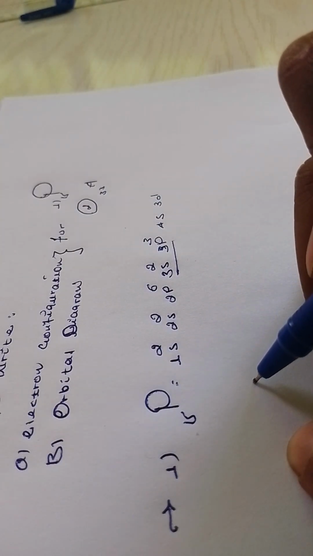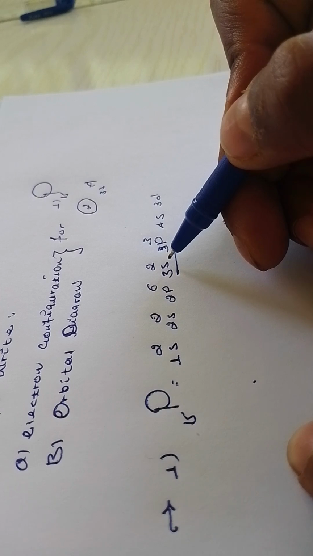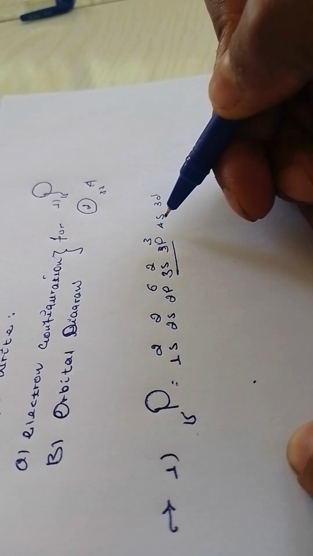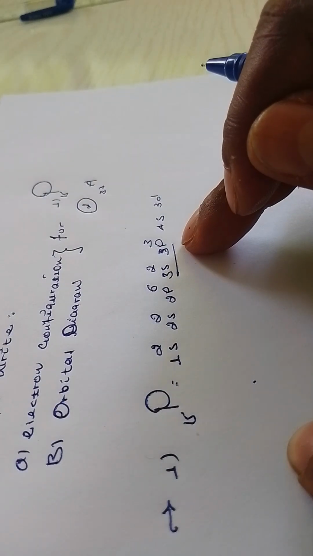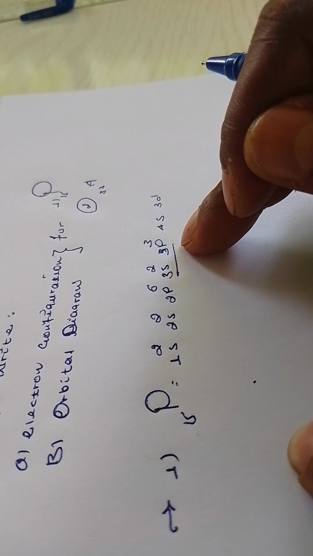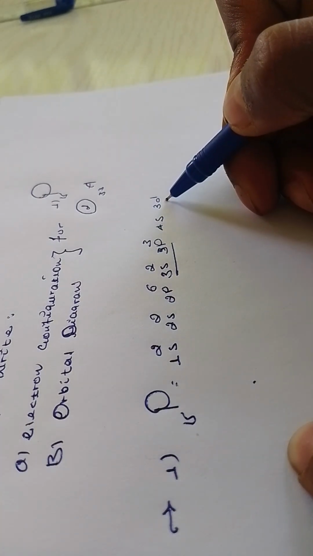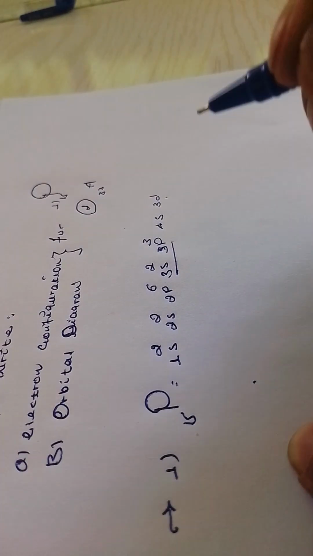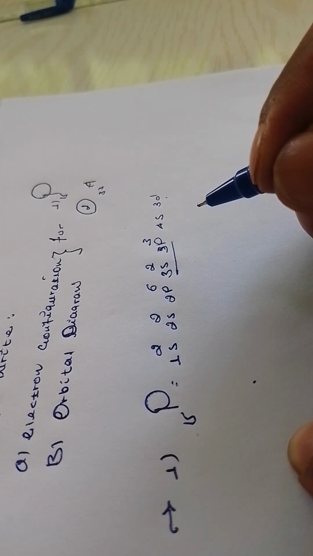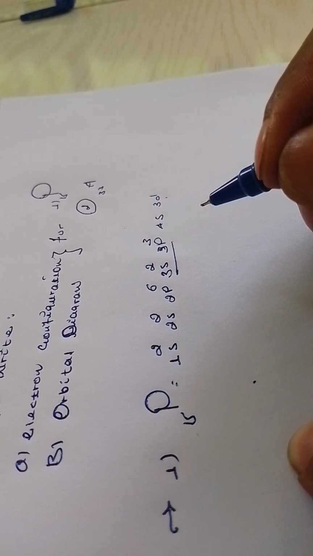Then orbital diagrams explain that s has 1 orbital that can carry only 2 electrons, and p can carry up to 6 electrons, in 3 orbitals, because each orbital can carry only 2 electrons that spin in either a clockwise or counterclockwise direction. d orbitals can carry up to 10 electrons in 5 orbitals, and f orbitals can carry up to 14 electrons in 7 orbitals.